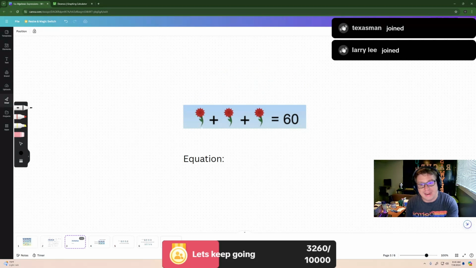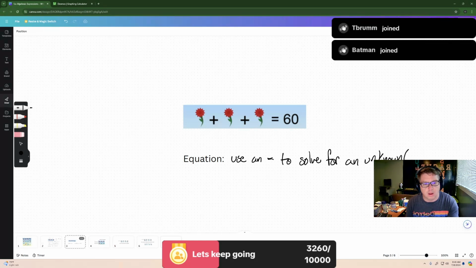So for this one, an equation is where we use an equal sign to solve for an unknown. And that unknown we are going to say is a variable.